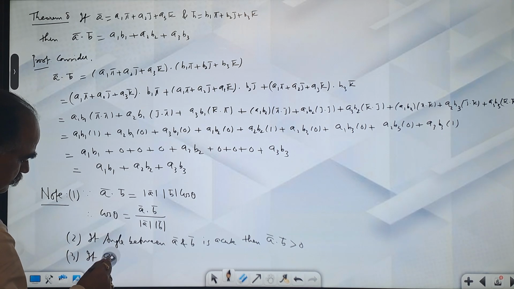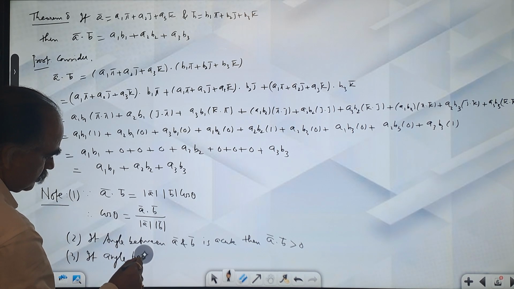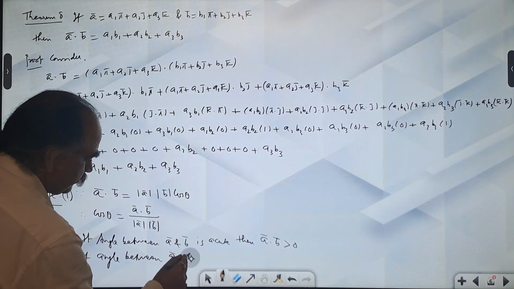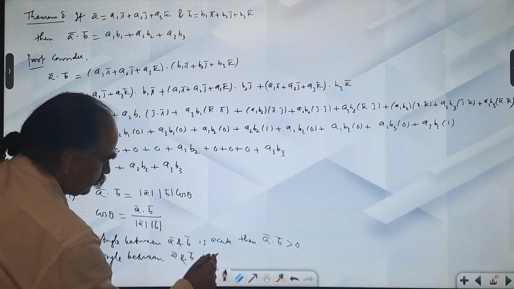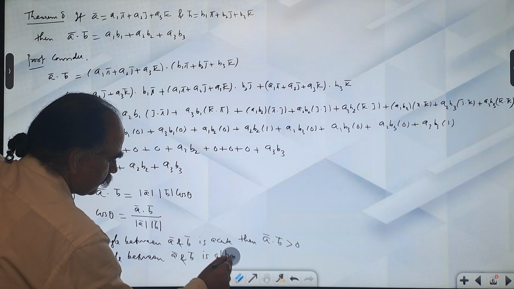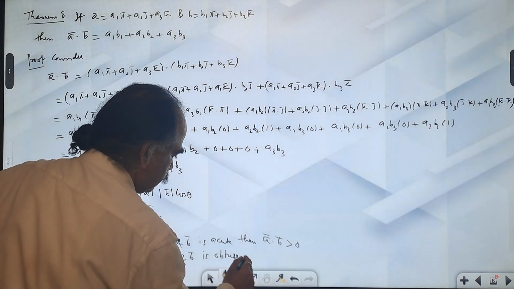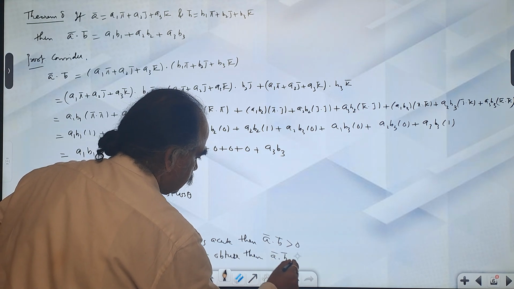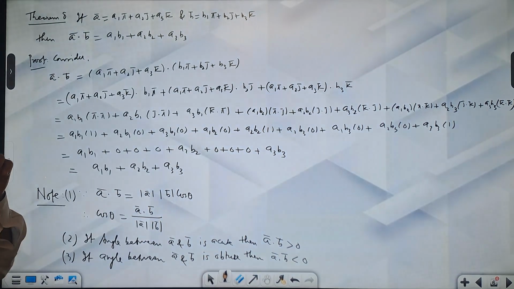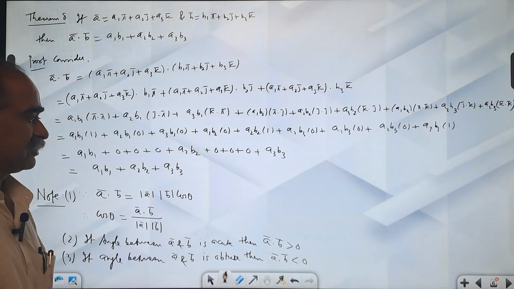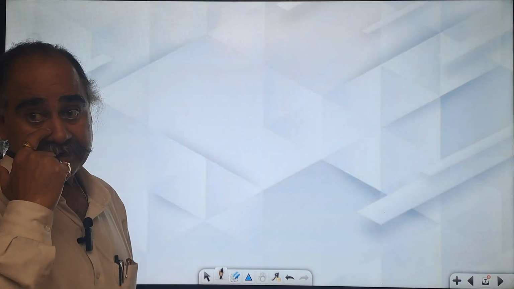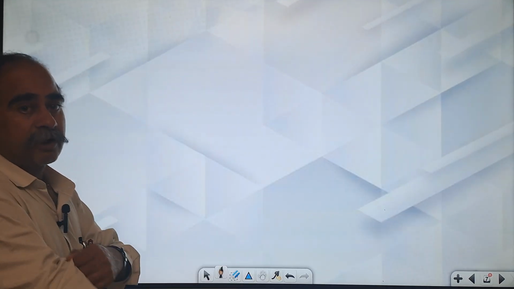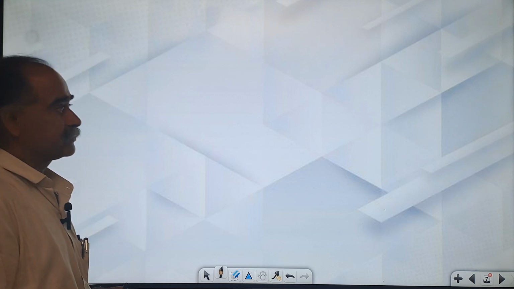If the angle between a bar and b bar is obtuse, then a bar dot b bar is what? Less than 0. And for a right angle, you know a bar dot b bar is what? 0. Okay. So we'll now do problems based on dot product.